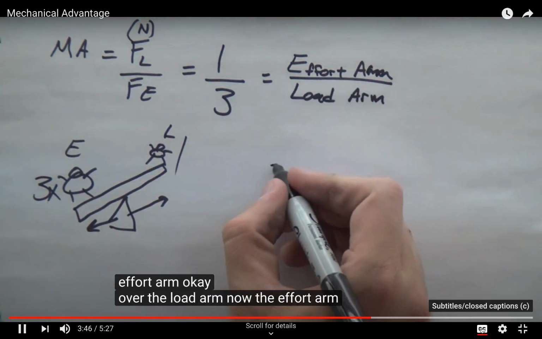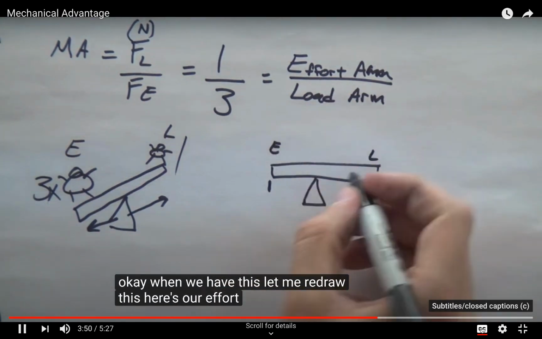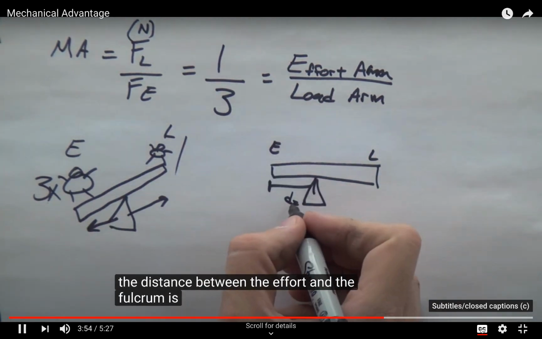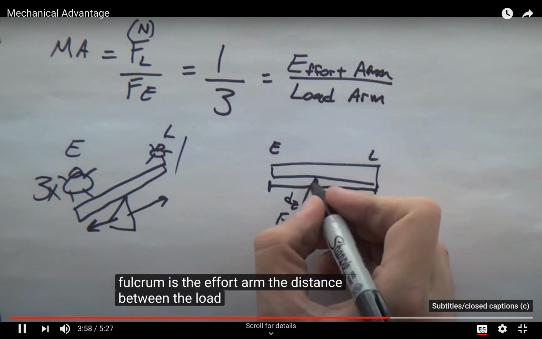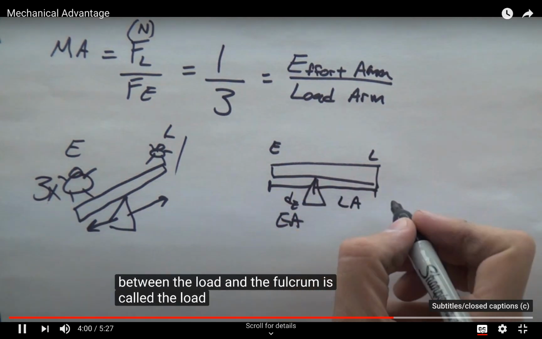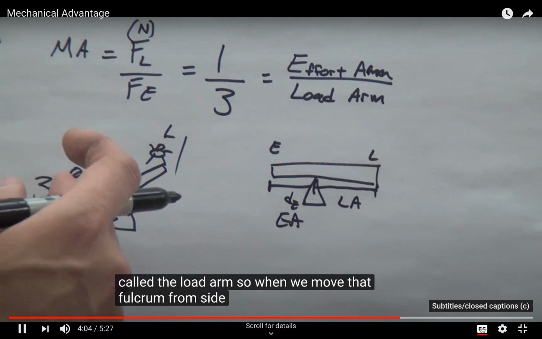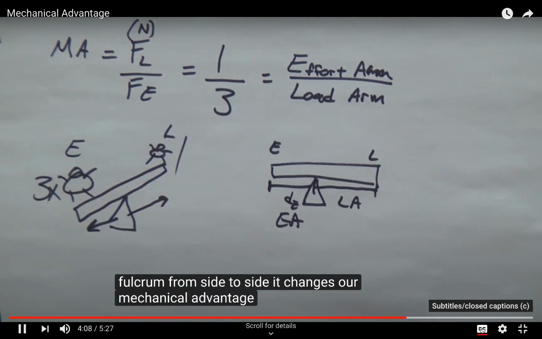Now the effort arm, okay, when we have this, here, let me redraw this. Here's our effort, here's our load. The distance between the effort and the fulcrum is the effort arm. The distance between the load and the fulcrum is called the load arm. So when we move that fulcrum from side to side, it changes our mechanical advantage.